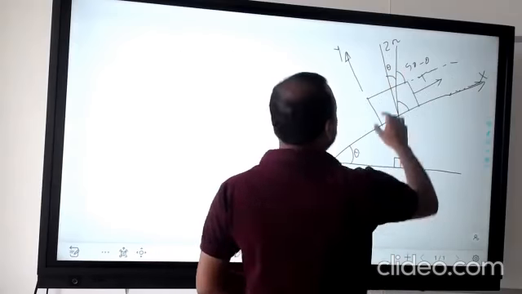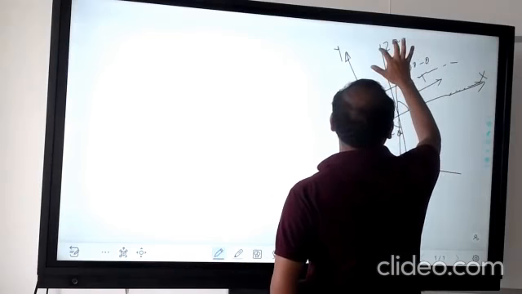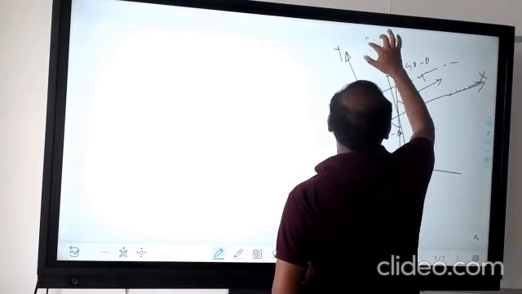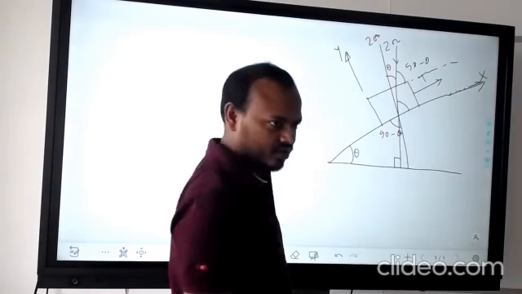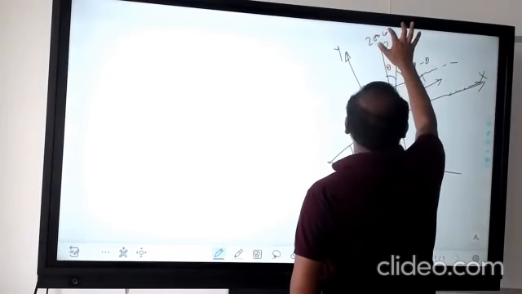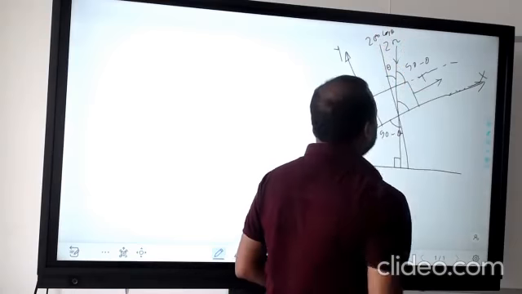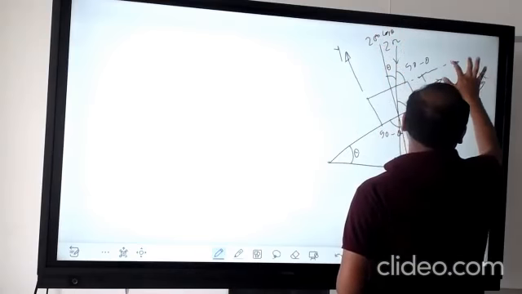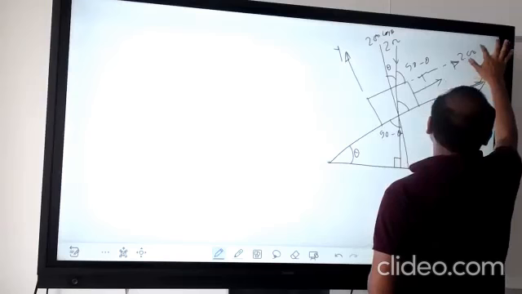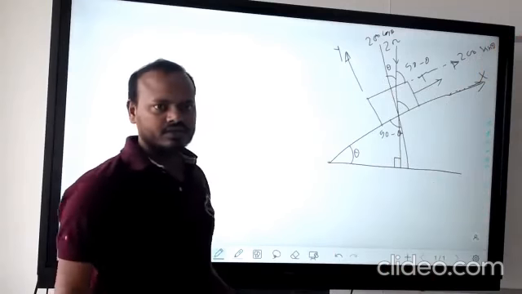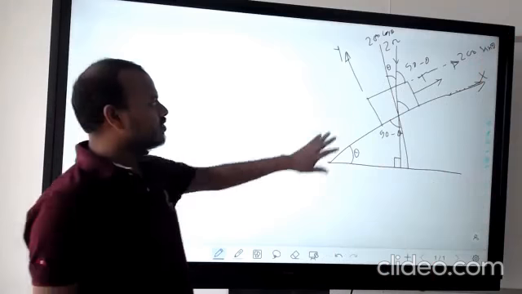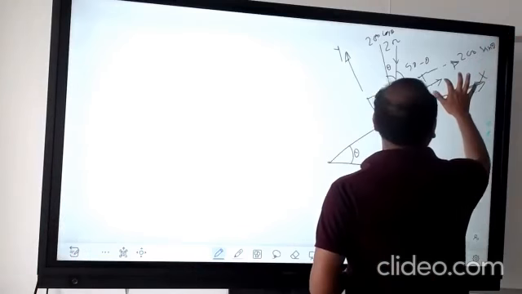Okay. So then we will take its component. This is angle theta, so it is 200 cos theta. This is cos theta. Its vertical component is this one. That will be 200 sin theta. Okay. Now everything is known. Sir, sin theta is this side, no?